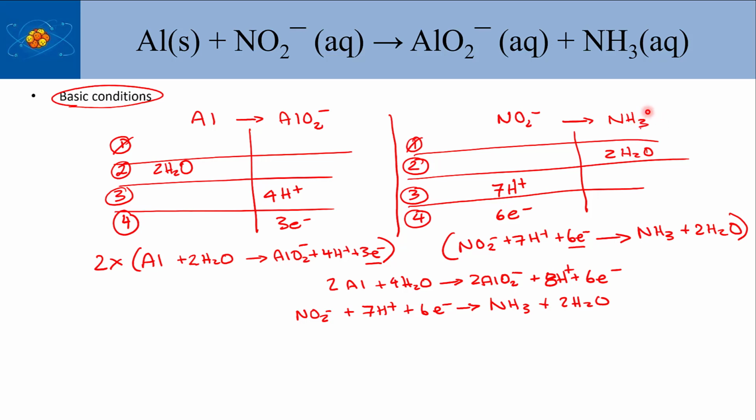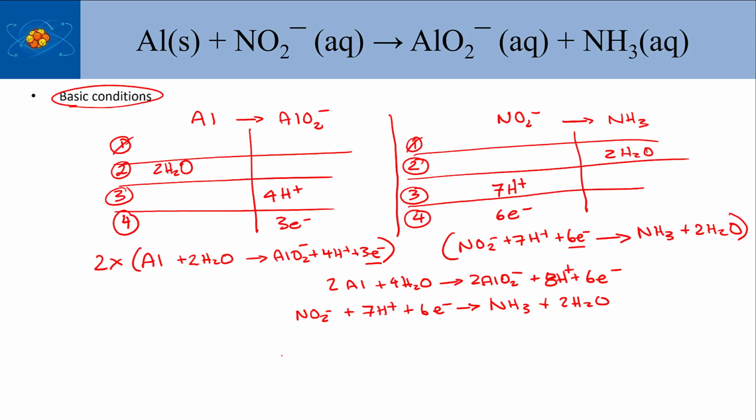There was actually hydrogen in this product, so when I added these hydrogens, I needed to add all of these together to get the 7. So I have these two reactions. I can cancel out the extra stuff, like the electrons here and here, 2 of the waters and 2 of the waters over here, and the H pluses, there's 8 here and 7 here.